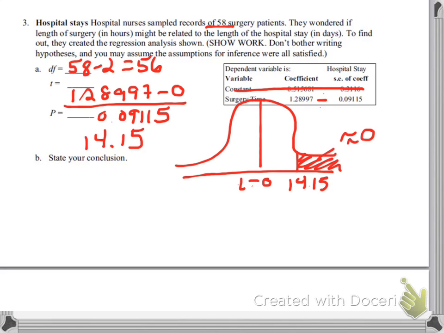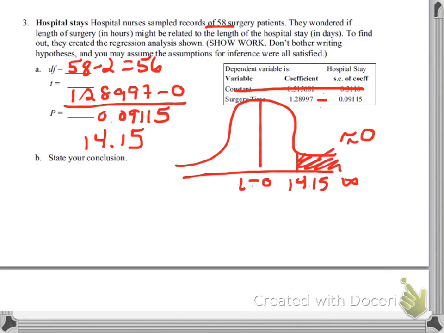But if you don't believe me, let's go into the graphing calculator and do this. So what I want you to do is go to distributions. And remember back in the day, we would go to normal CDF. Well, there's a T CDF. Do you see it down there? So I'm going to go to CDF. Remember, don't do PDF, do CDF. And it wants the lower bound. Well, my lower bound is 14.15. My upper bound is positive infinity, right? My degrees of freedom is 56.